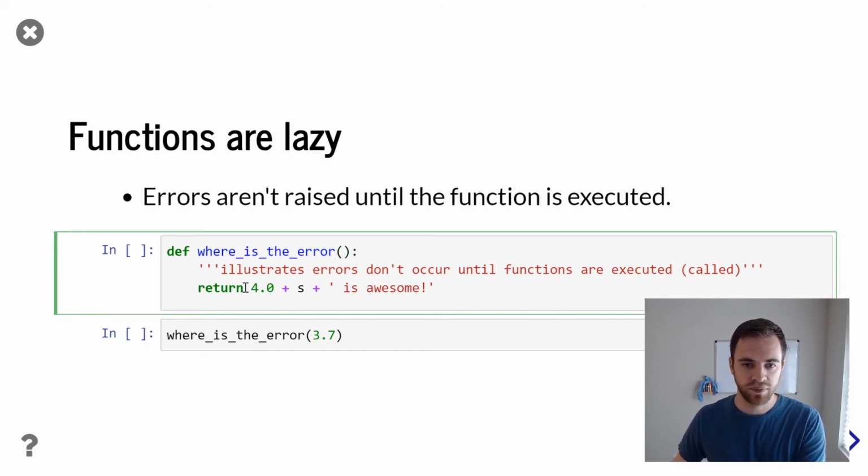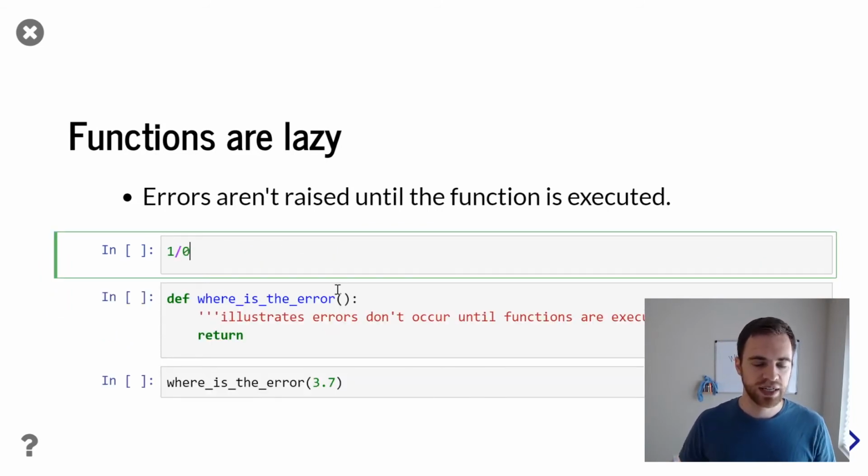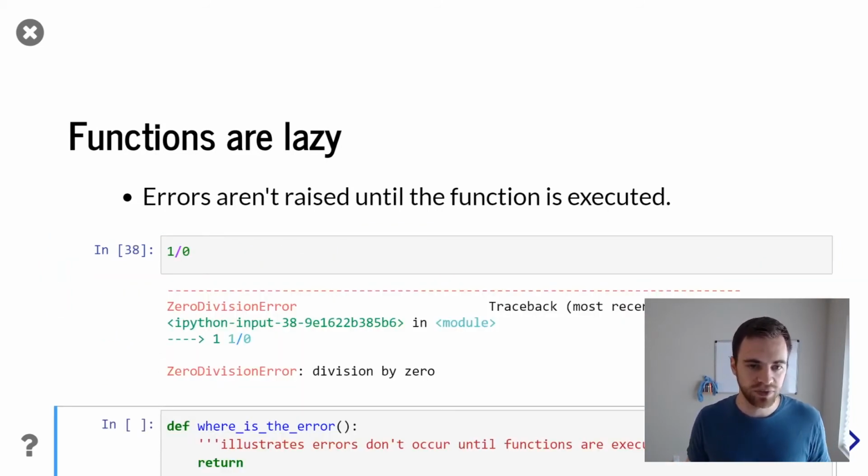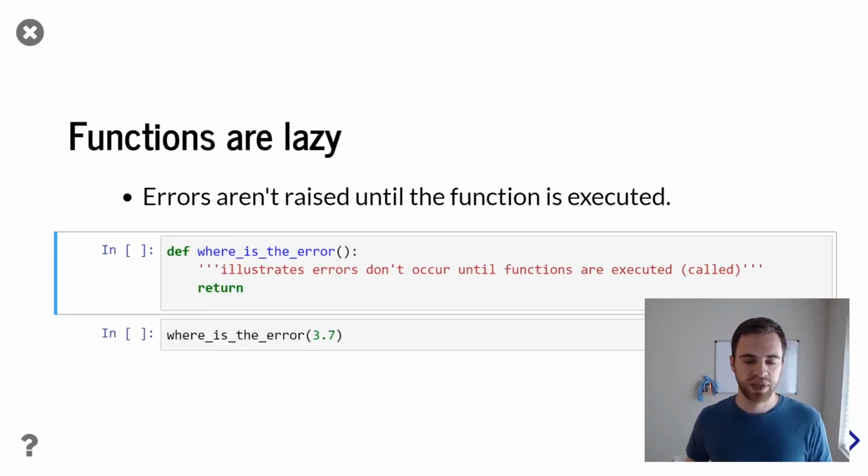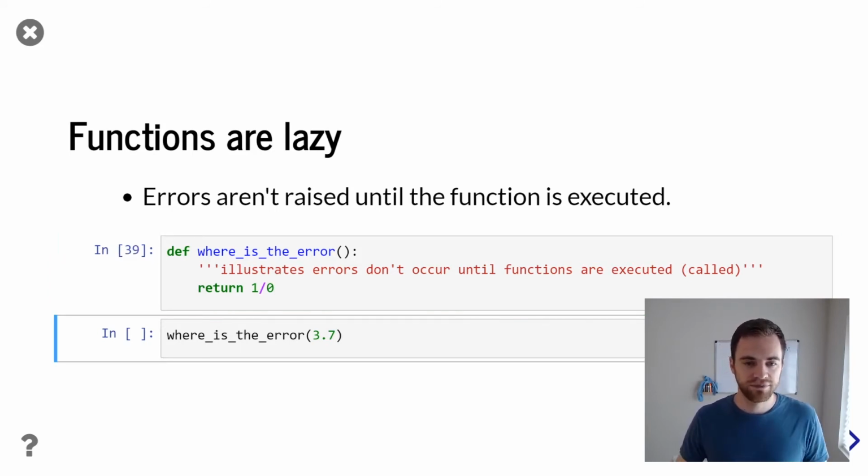In Python, if I try to execute 1 over 0, I get a ZeroDivisionError. That piece of code doesn't make sense. So I'm going to make a function here that includes this line of code that doesn't make sense. It'll evaluate to an error. But whenever I run this cell, I'm not going to see an error. I get nothing. That's because errors aren't raised until the function is executed.